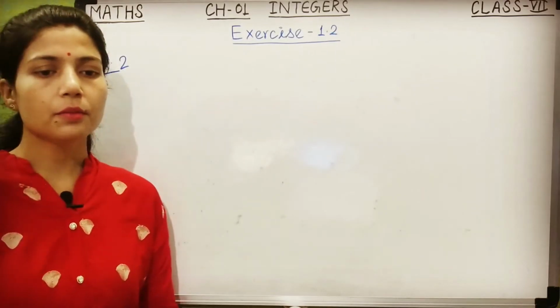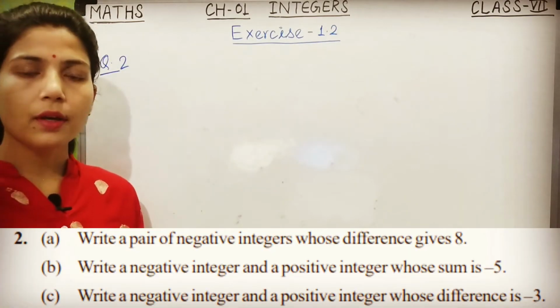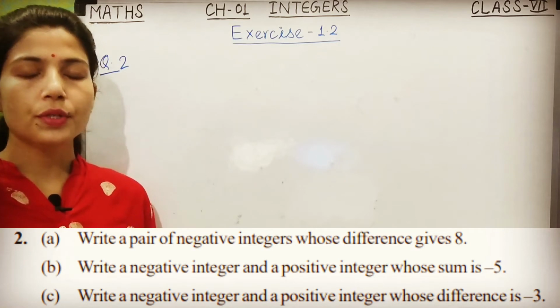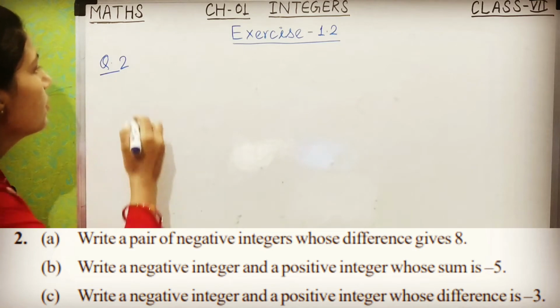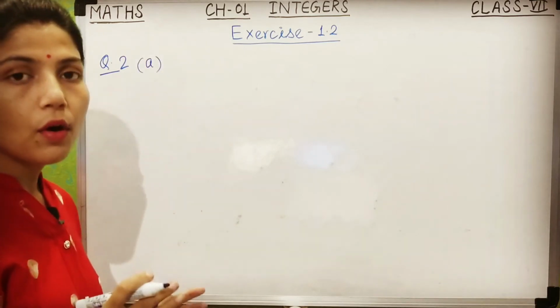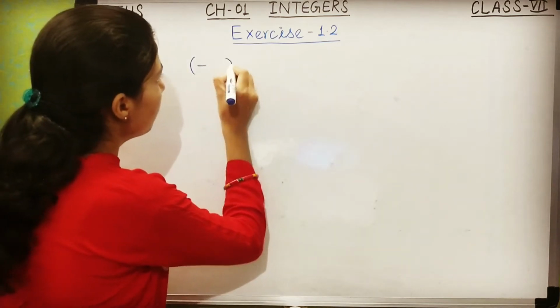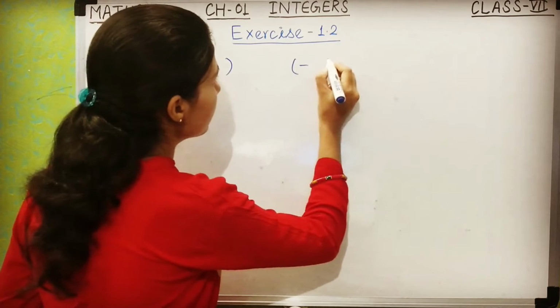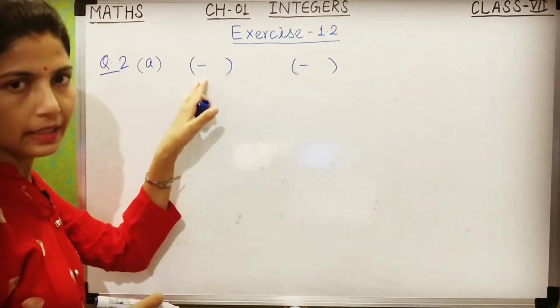So now question number 2. First part is: write a pair of negative integers whose difference gives 8. So the first part is to write down a pair of negative integers. It means here there will be negative integers. So I am writing just the negative sign.